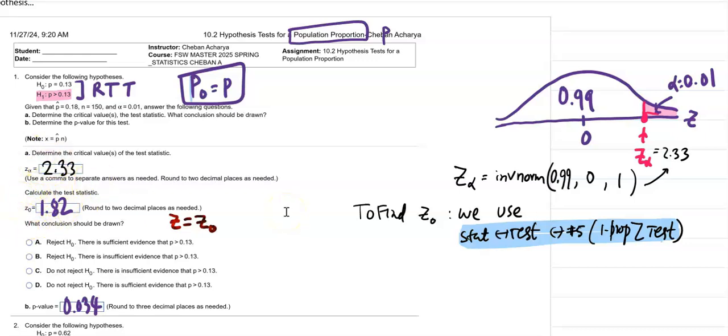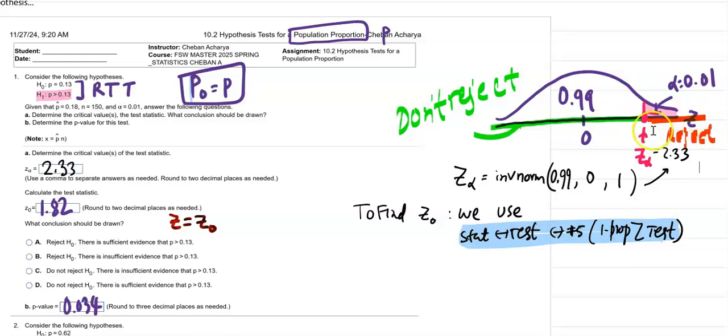The green region is the do not reject region, and the red region is the rejection region, reject. So the green one is do not reject, the red one is reject. So the question here is: is Z0 in the rejection region or not?